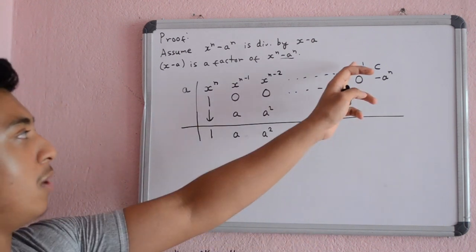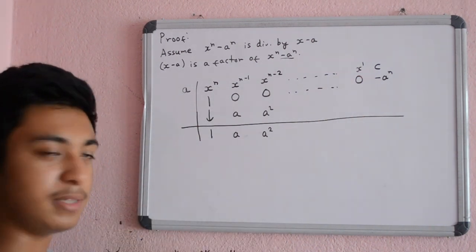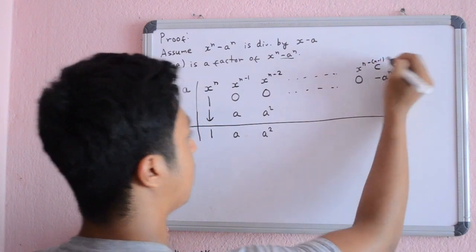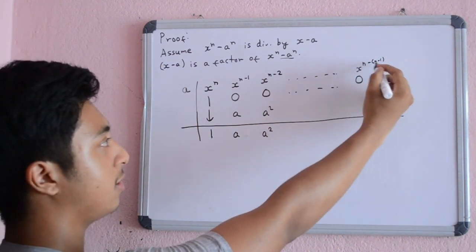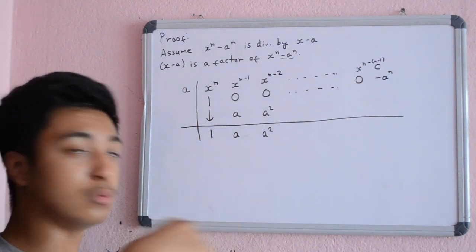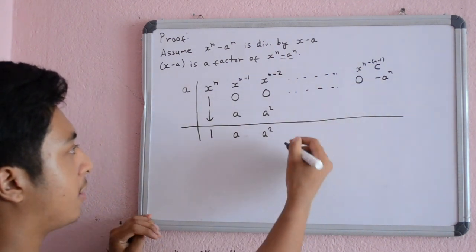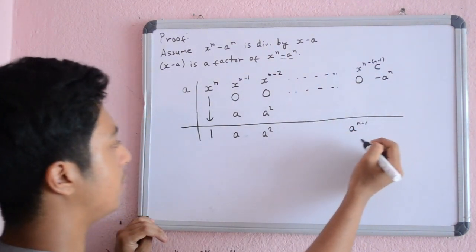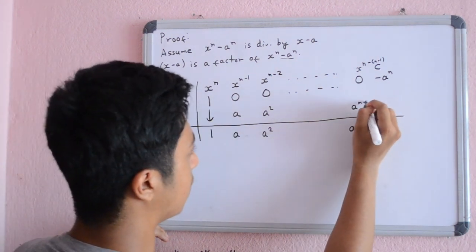So what about x to the power 1? How can we write it as n minus something? We can write it as x to the power n minus, n minus 1, since the n's will cancel and we'll have minus minus 1, which is just 1. And here this means we'll have a to the power n minus 1, and let's just write it over here as well.